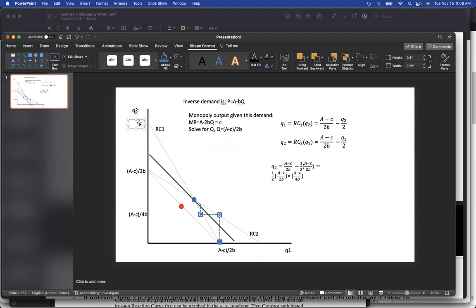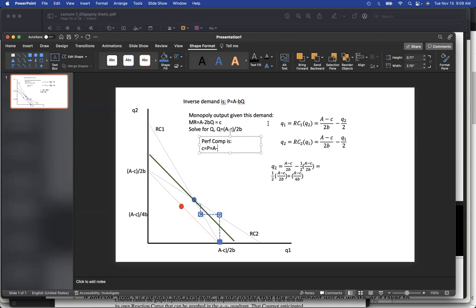Sulat natin yan dito. Cost equals price, yes? What's price again?